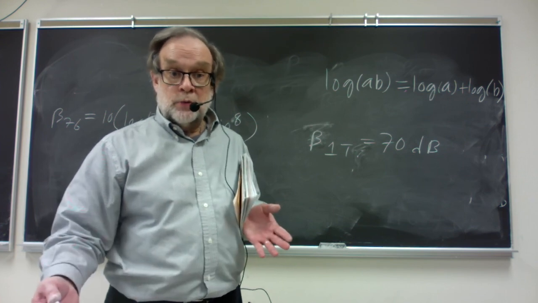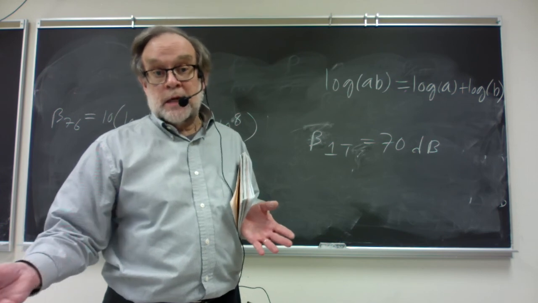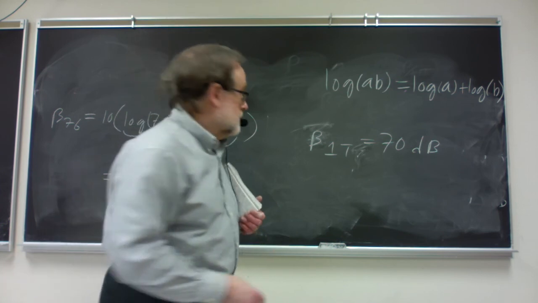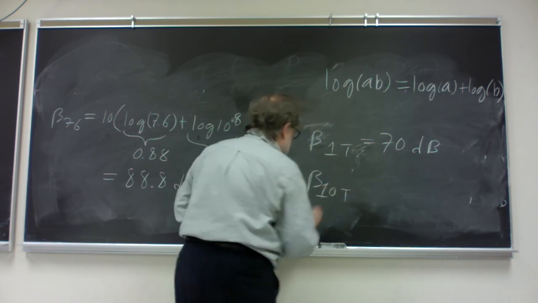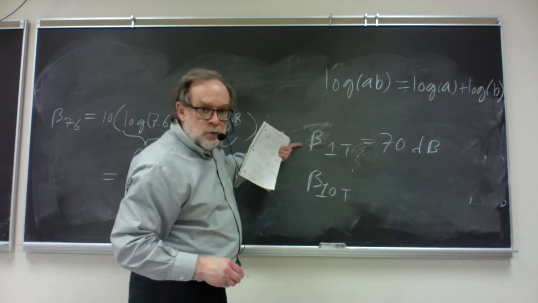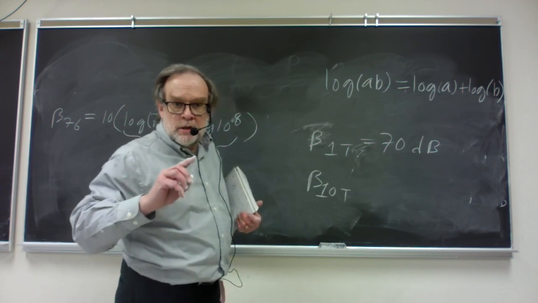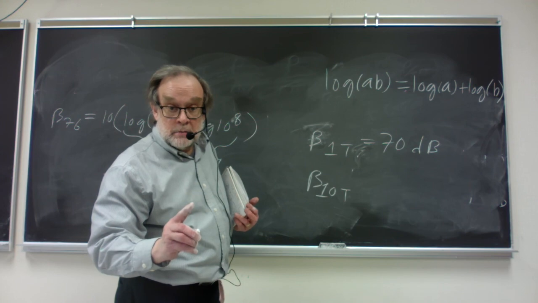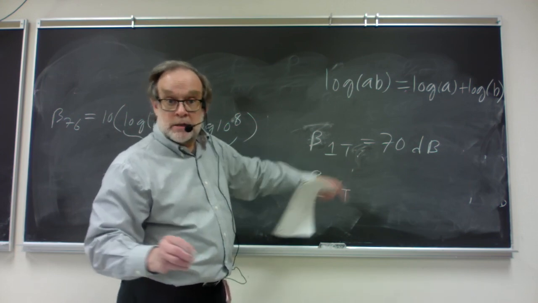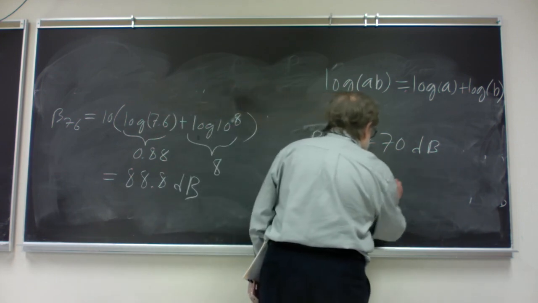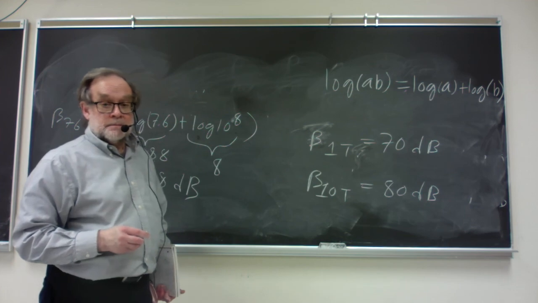Each trombone puts out the same amount of energy, so 10 trombones have 10 times the intensity of one trombone. So when we go from the intensity of one trombone to the intensity of 10 trombones, the intensity is increased by a factor of 10, and remember, whenever that happens, you add 10 decibels. So that would take us up to 80 decibels.